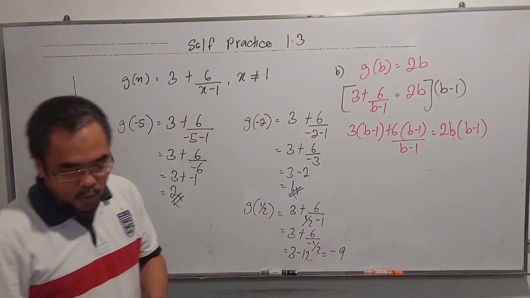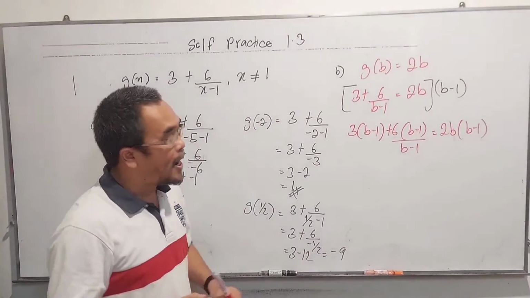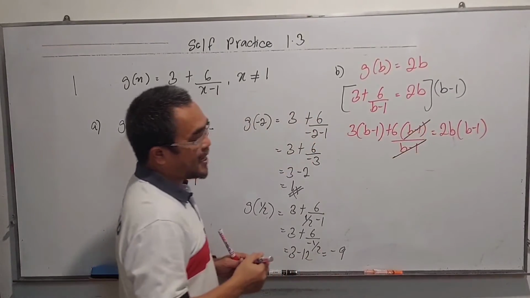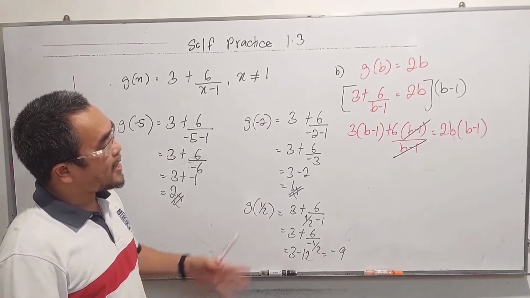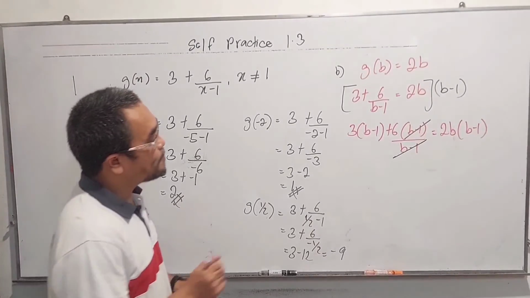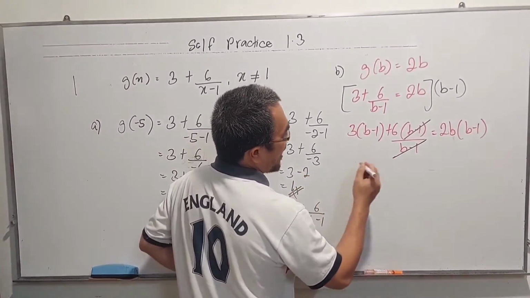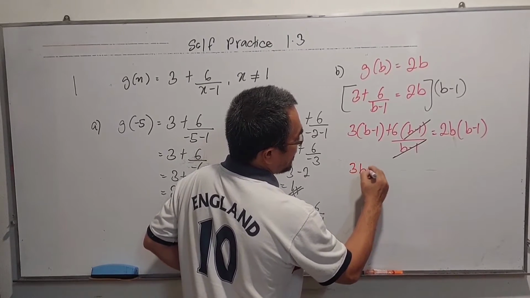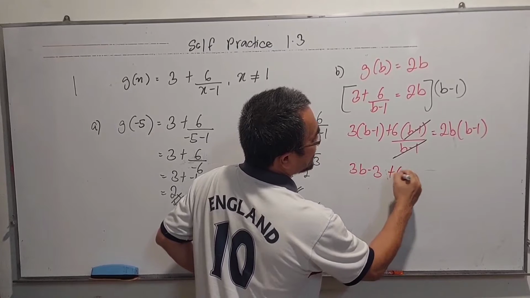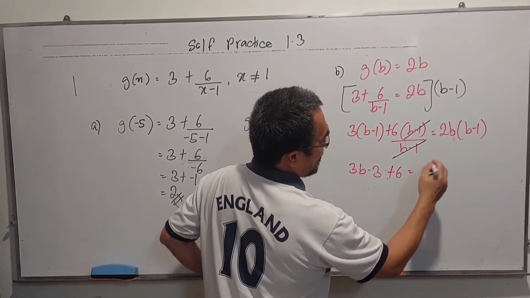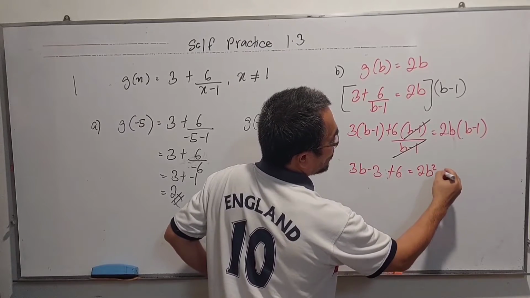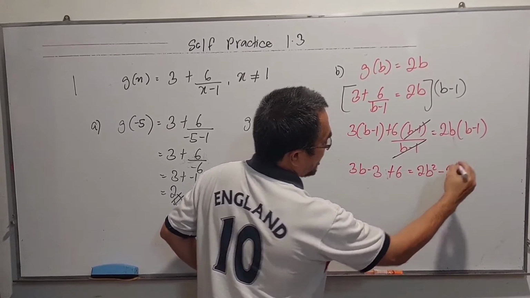The reason why we multiply by b minus 1 is because we can simplify this and cancel, so there is no more b minus 1 as denominator. Then you multiply everything, expand, you have 3b minus 3 plus 6 equals 2b times b, which will be 2b squared. Then 2b times negative 1 will be minus 2b.